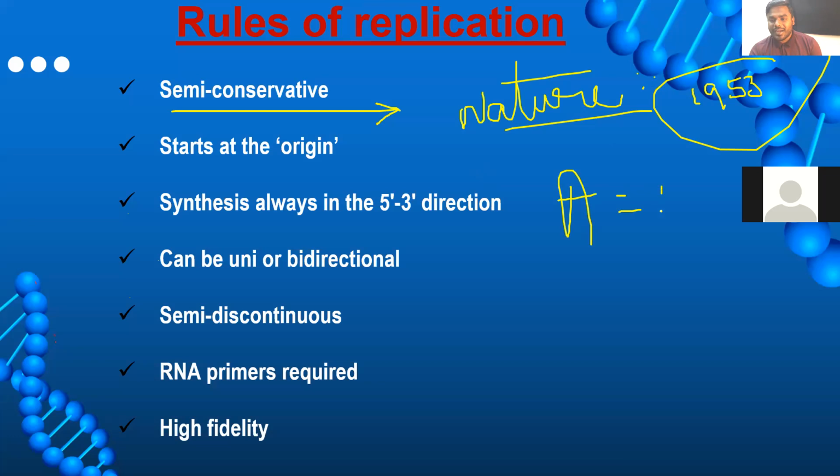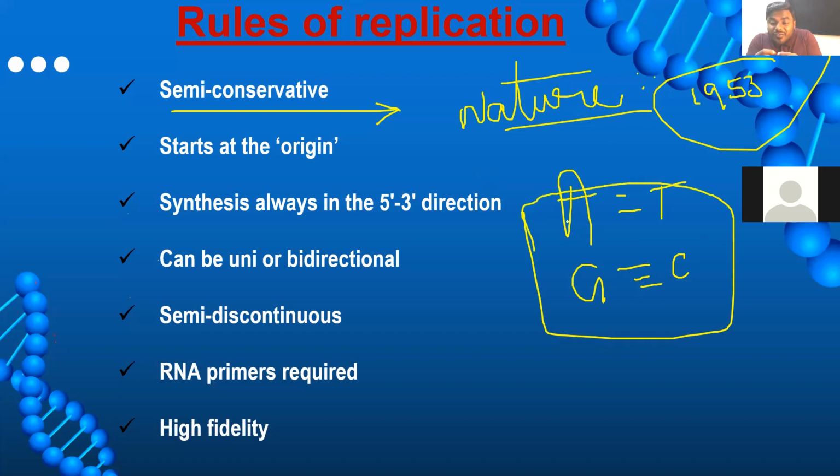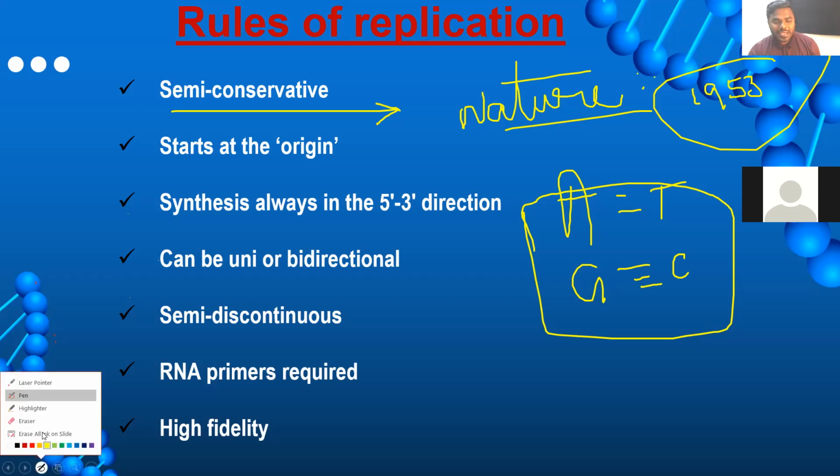You know very well, adenine pairs with thymine, guanine pairs with cytosine. Listen everyone, this base pairing actually gave a hint to Watson and Crick that they had to propose a model for DNA replication. By using that model only, DNA can undergo the process of duplication or replication.